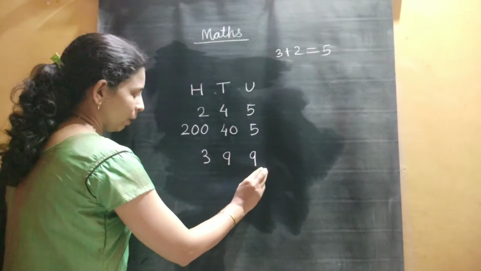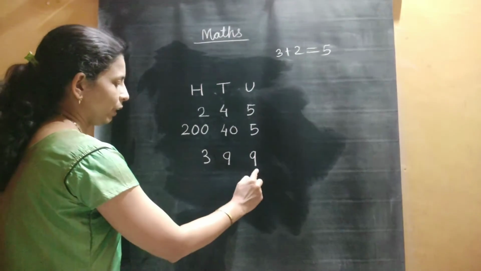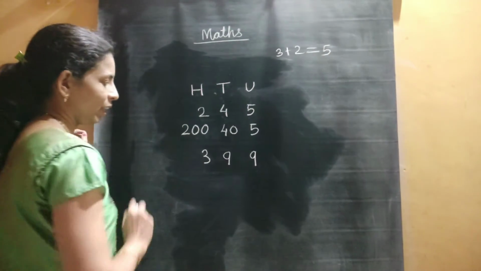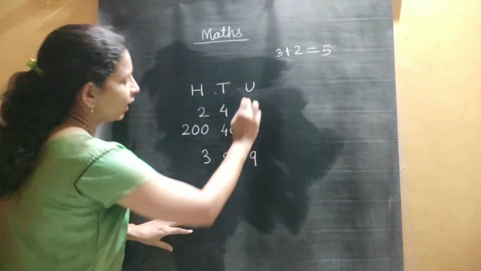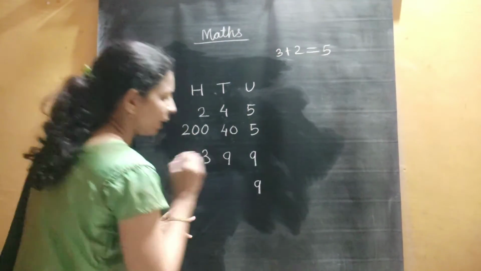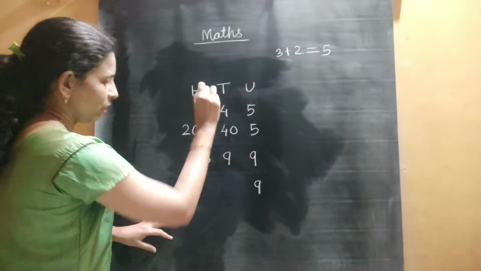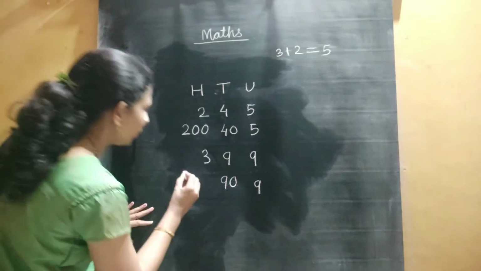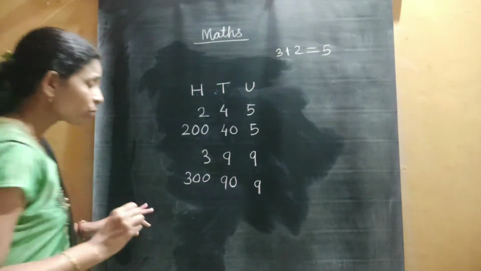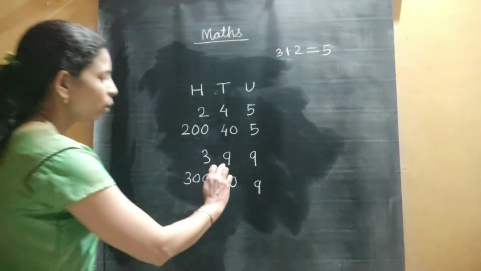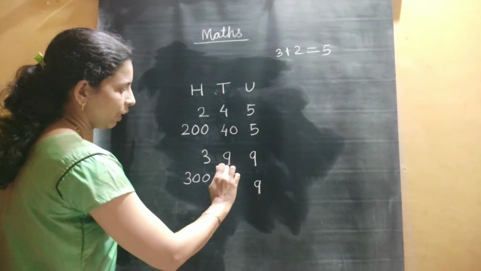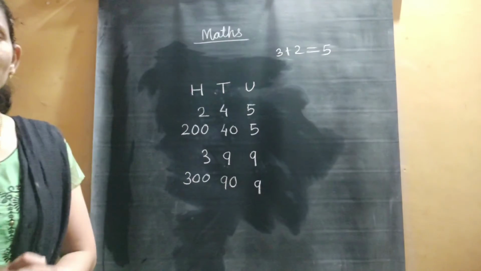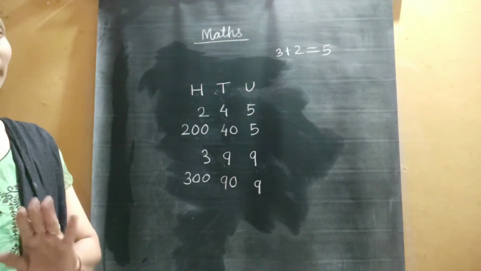We will take one more example. 399. How to read it? 9 units means 9, 9 tens means 90, and 3 hundreds means 300. Students, you can see here that the digits are the same, 9 here and 9 here, but their place values are different.